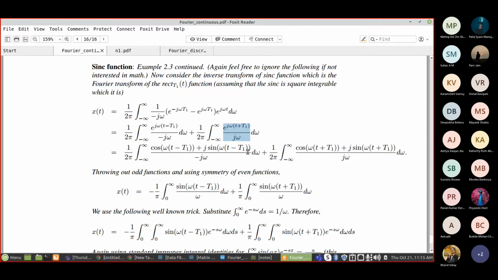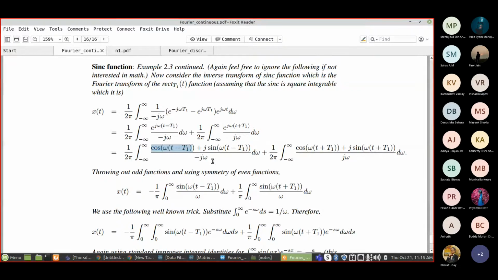Now, since odd functions cancel out over the entire real line, if you integrate odd functions, the integral is 0. So this is an odd term, ω, and this is an even function. So cos over ω is an odd function. So this will drop and this term will drop. And j will cancel.